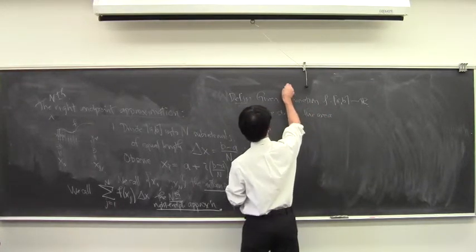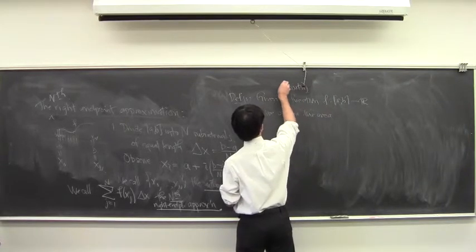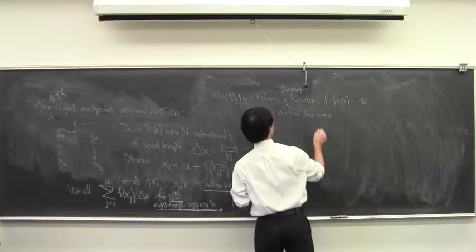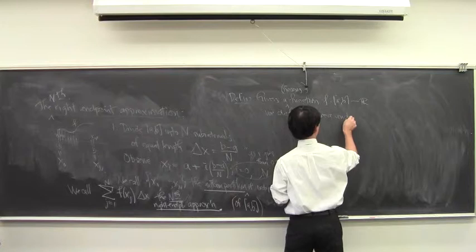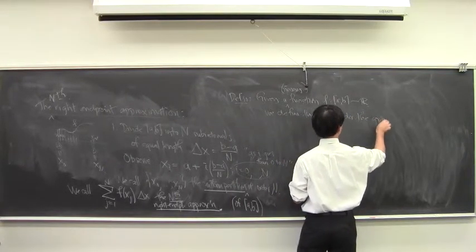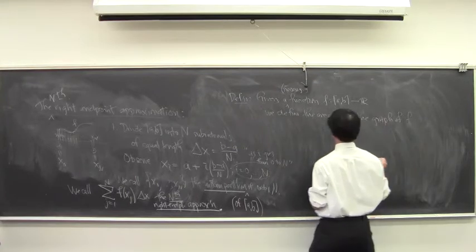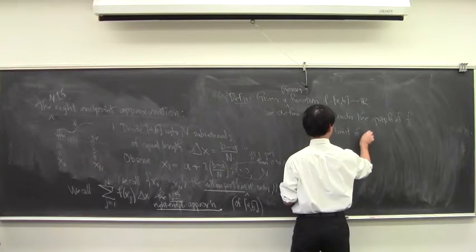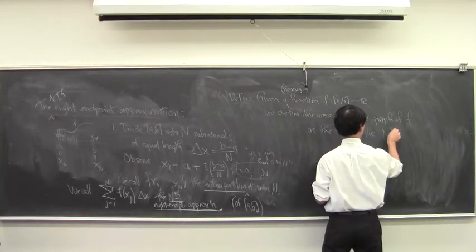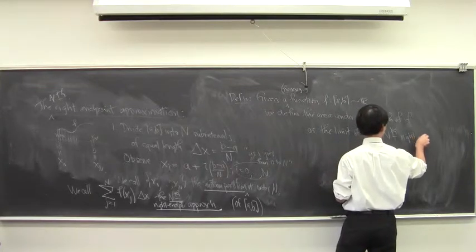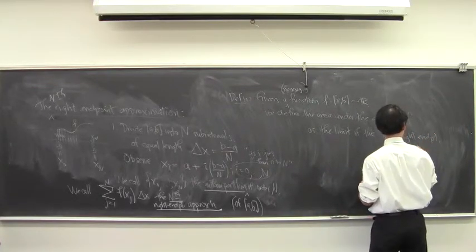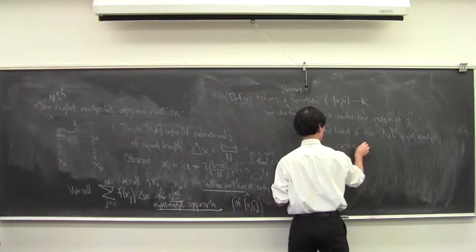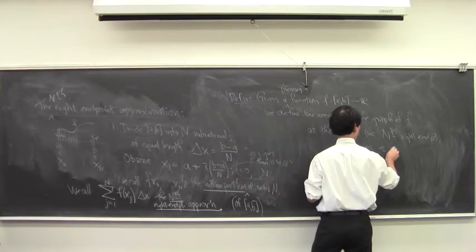So let's say it's a positive function, or at least non-negative. We define the area under the graph of f as the limit of the nth right endpoint approximations as n goes to infinity.